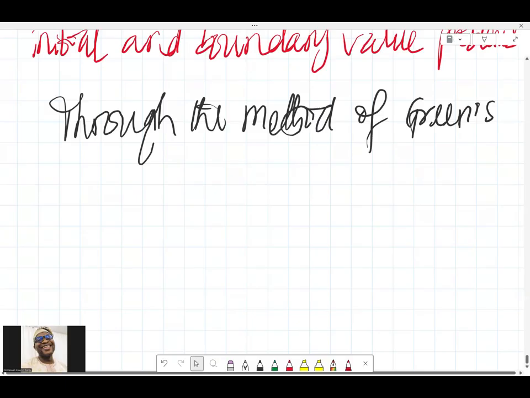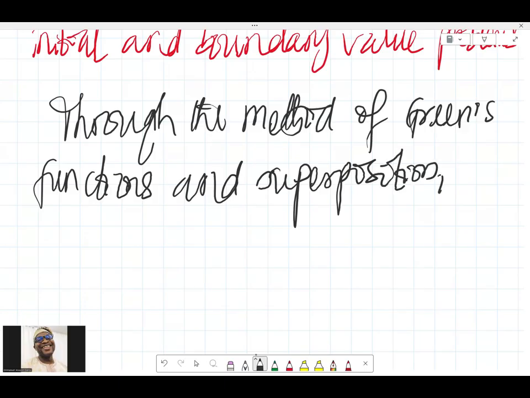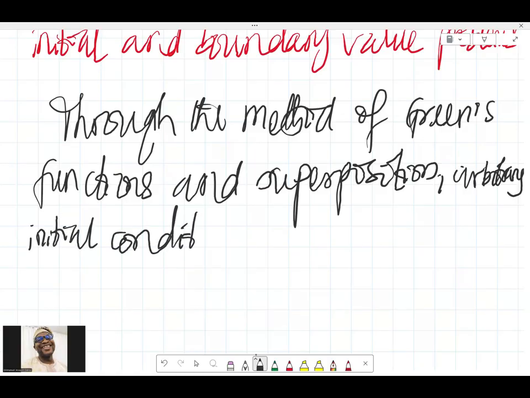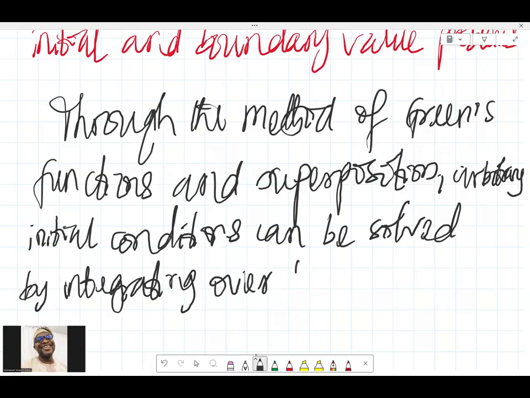Through the method of Green's functions and superposition, arbitrary initial conditions can be solved by integrating over the initial distribution.